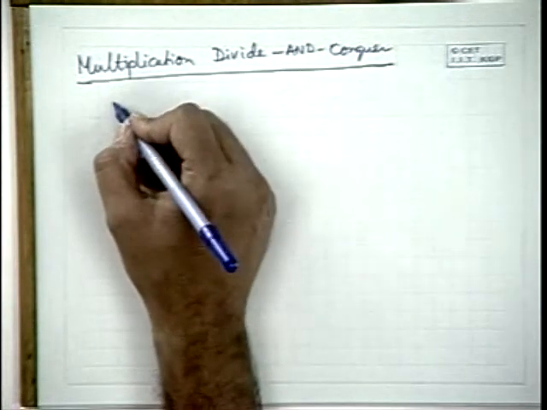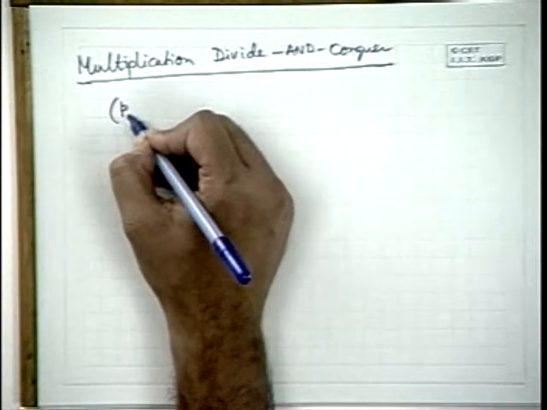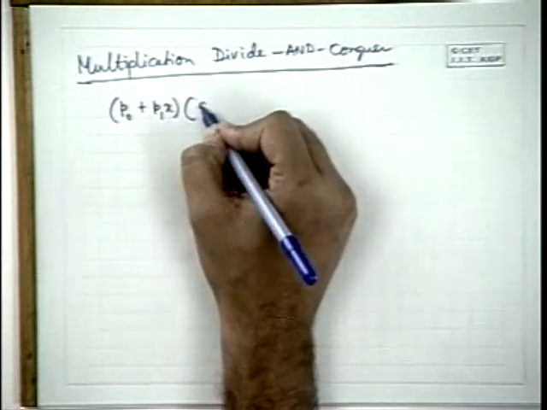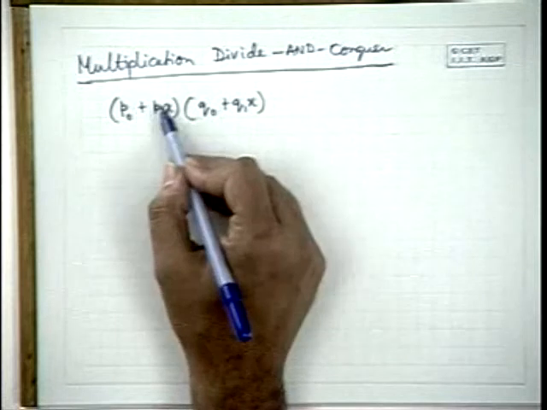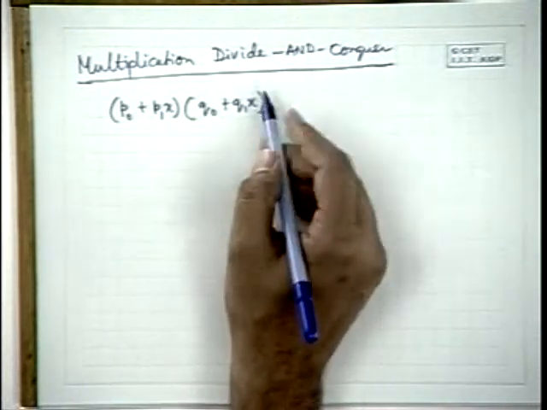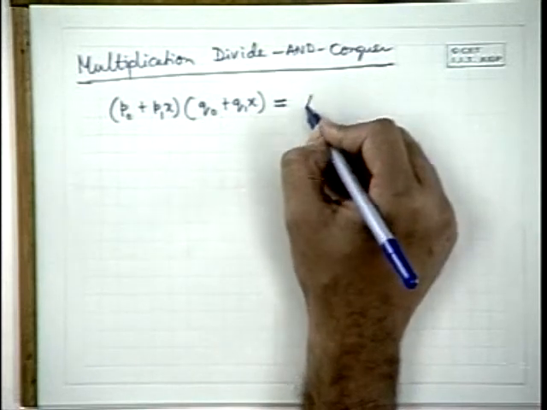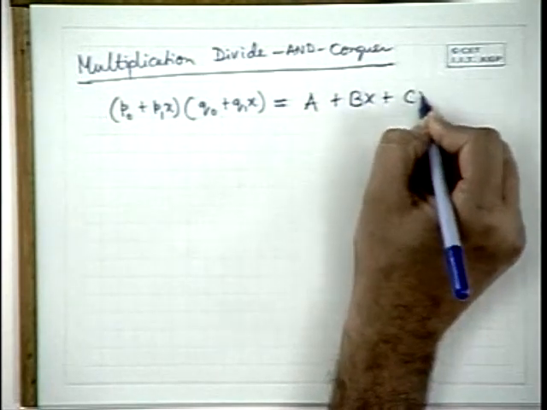Let us take one polynomial as p0 plus p1x, and another polynomial as q0 plus q1x. We are multiplying these two. These are both degree 1 polynomials. So the resulting polynomial will have the form a plus bx plus cx square.